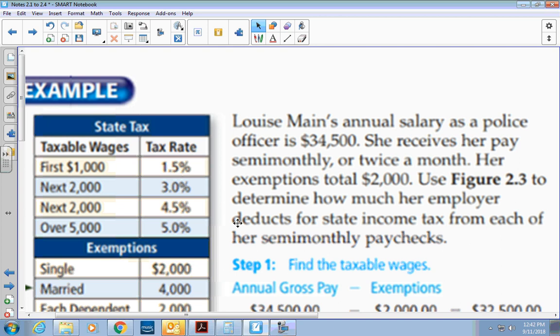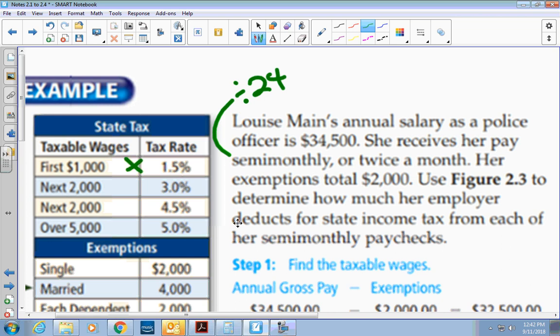She gets paid semi-monthly, which means we're going to be dividing by 24 in our answer. We're going to use this figure to figure out how much our employer deducts on the state income tax. Anytime you see graduated state income tax, I want you to just stick with the table.